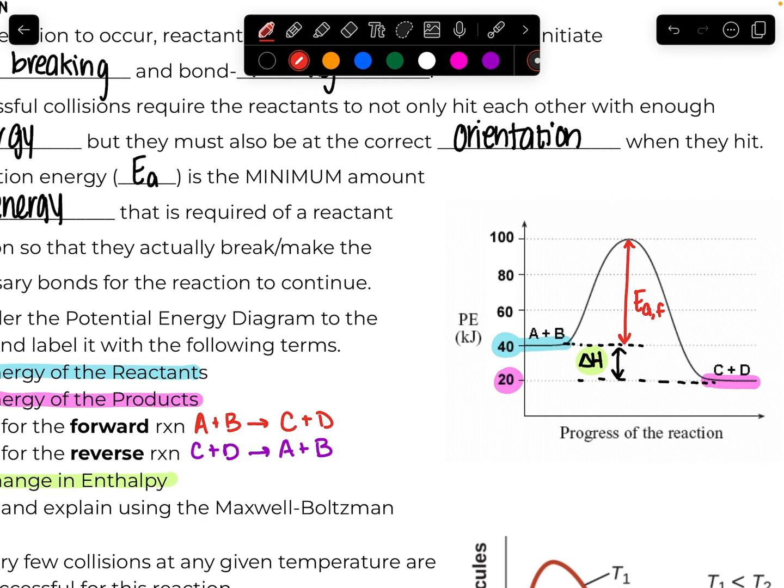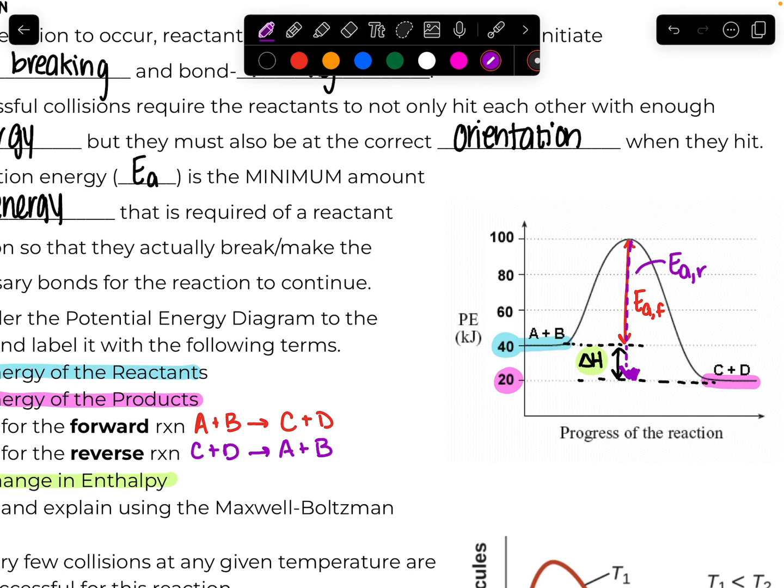So how much energy would that take? Well, if I were going in that reverse direction, my reactants would be starting at this energy here, and still going up to that peak value. So this would be the activation energy for my reverse reaction. So stop and think, if you reverse that, what's going to happen to your enthalpy?